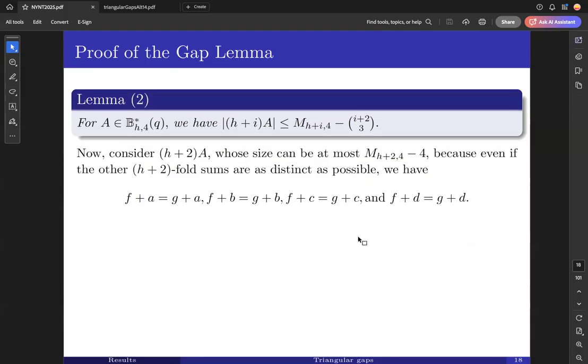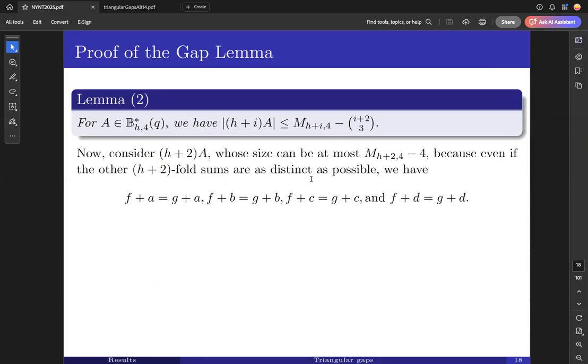Okay, so now I had a B_h set, A, and in the h+1 fold sum set, there was at least one collision, maybe more, where F equals G. So now I look at the h+2 fold sum set, and I claim it can be of size at most maximum minus 4, because even if all of the other sums are as distinct as possible, that would only increase it.